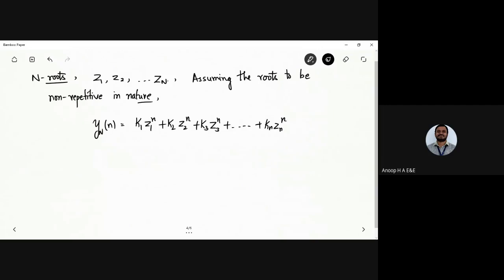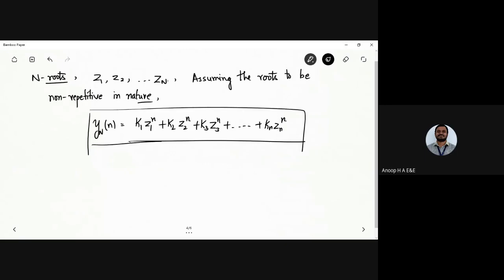That is, up to the order of the system or the roots that are present there.